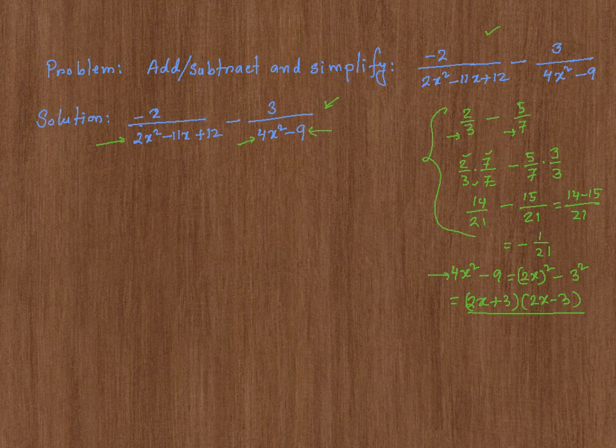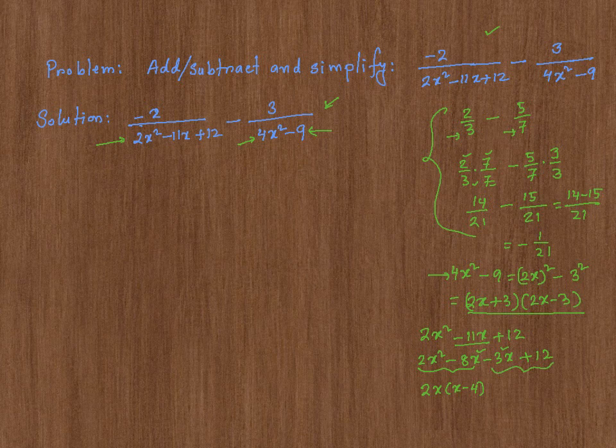Now the other denominator, which is 2x squared minus 11x plus 12, I could write it as 2x squared minus 8x minus 3x plus 12. I have taken 11x and broken it down into negative 8x minus 3x. Between the first two, I could factor out 2x, that's going to give me x minus 4.